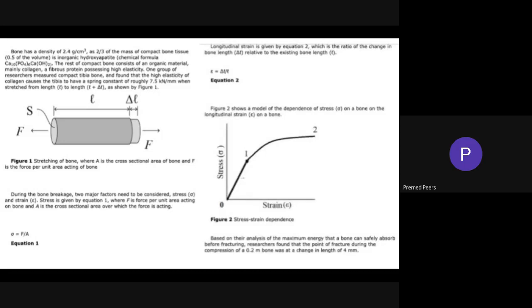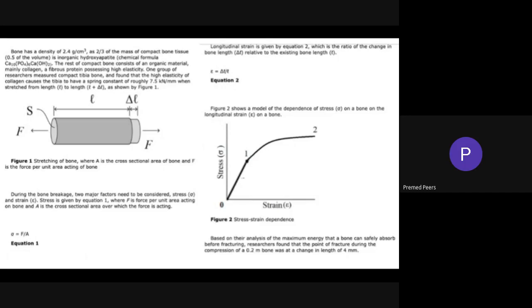Longitudinal strain is given by equation 2, which is the ratio of change in bone length relative to the existing bone length. So we have the equations for stress and strain, and then we have a figure showing the dependence of stress on a bone on the longitudinal strain on a bone.